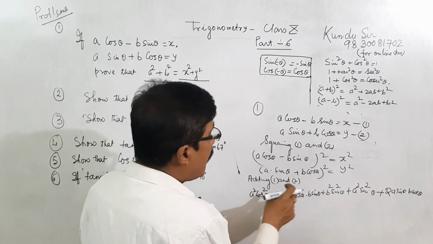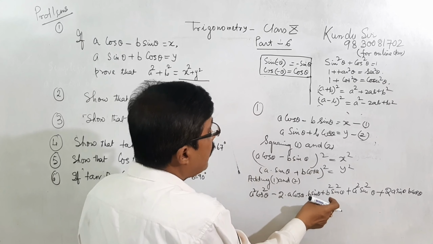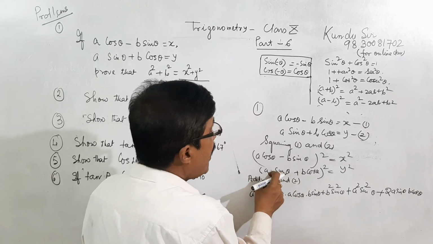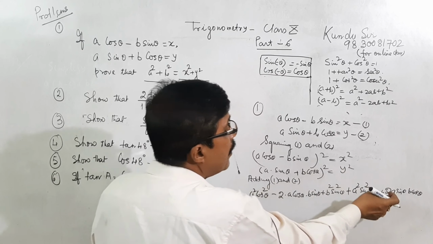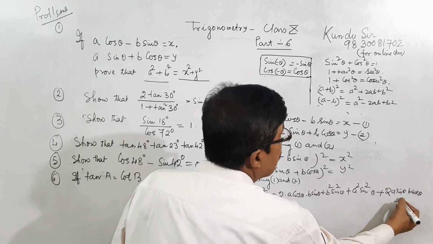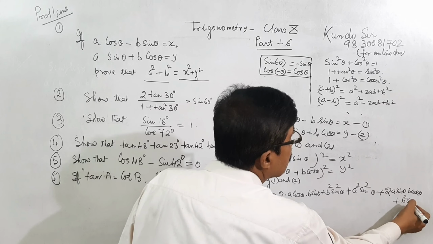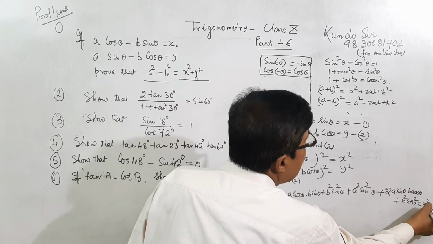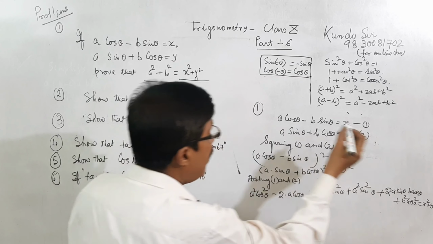That is a square minus 2ab plus b square plus a square plus 2ab plus b square equal to x square plus y square.